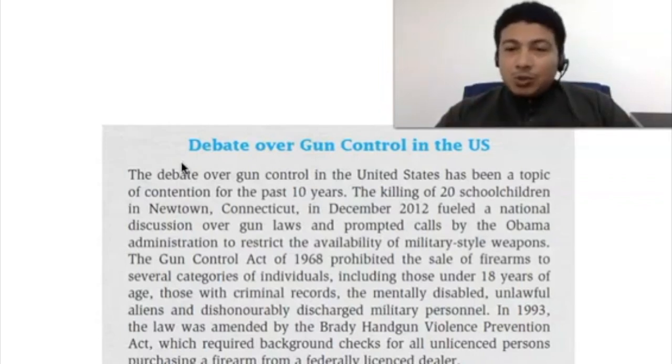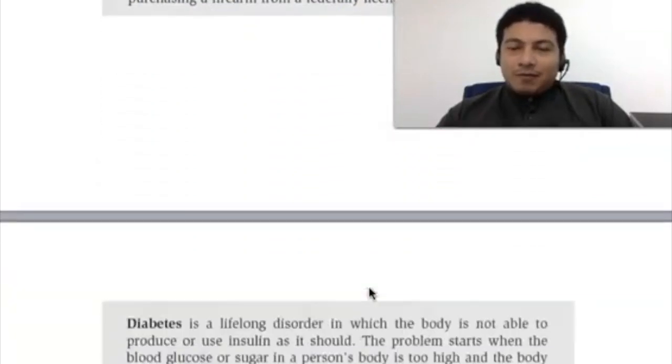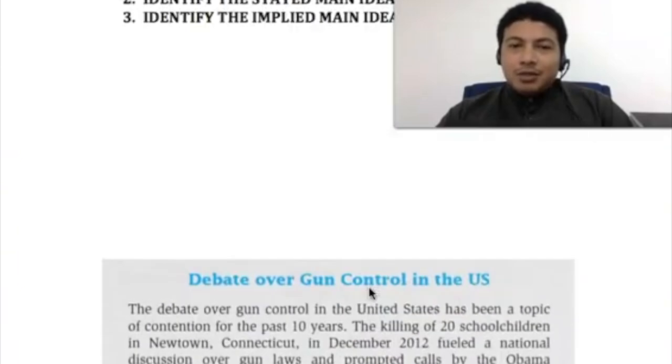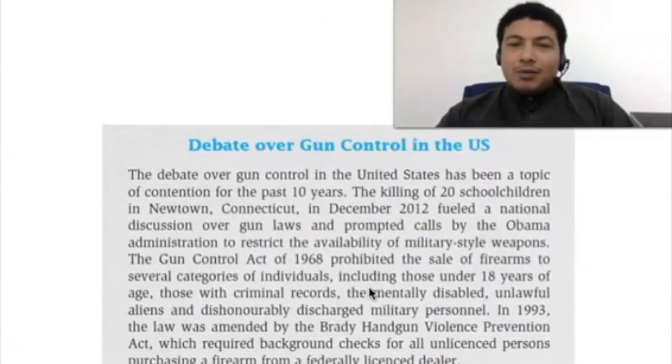That is what the author wants to talk about in this paragraph, and the author states it clearly. The stated main idea can be anywhere in the paragraph or in the article, so you'll have to identify what you think would be the stated main idea.